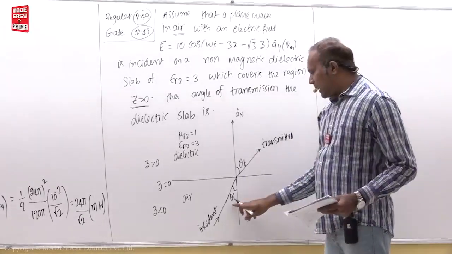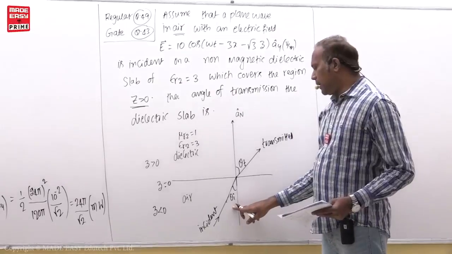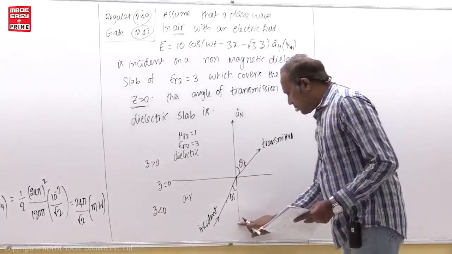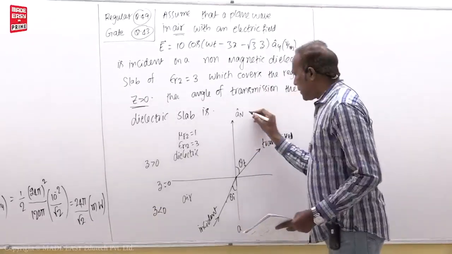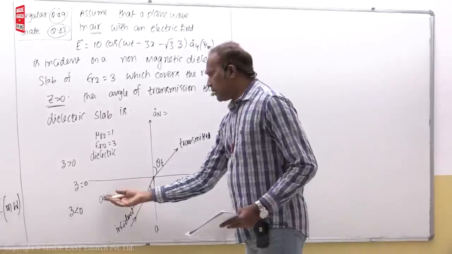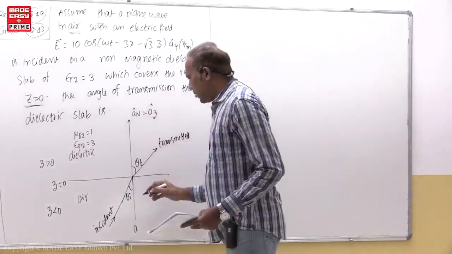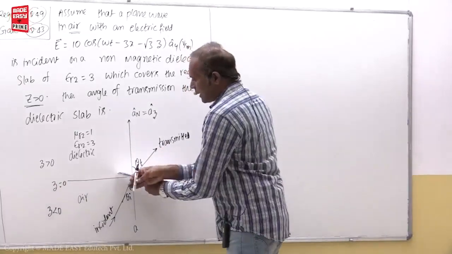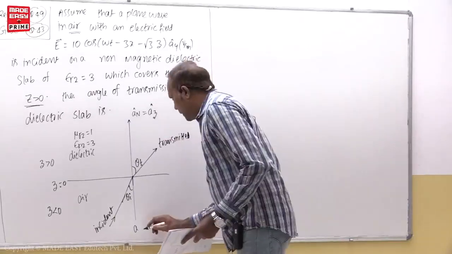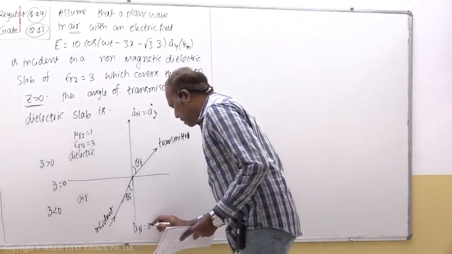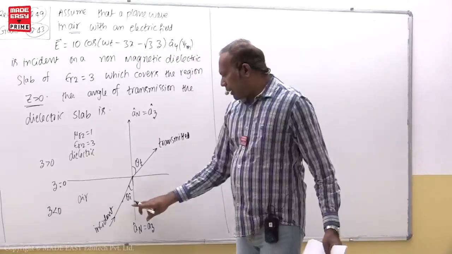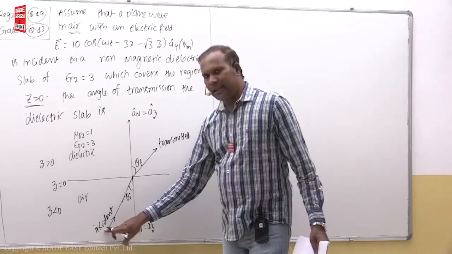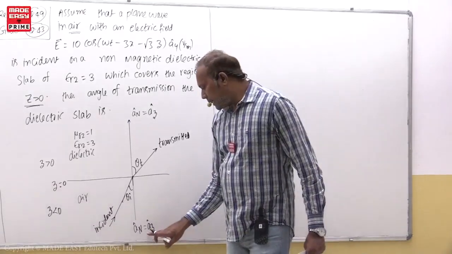So here if you know theta I, then automatically you can find theta t using Snell's law. Okay, that is this actually, this is normal unit vector, that is equal to which axis is that? This is z axis actually, az cap. Okay, in this diagram it is az cap. For example, for z is equal to 0 boundary like this, then the normal unit vector is az. So, dear students, now what is theta I? Angle between incident wave, that means EM wave, and the az cap.